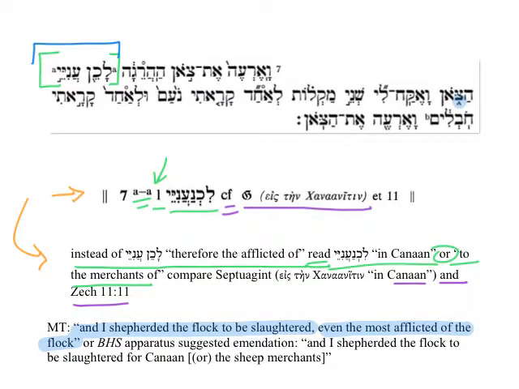I'm only reading up to the et nocta here. And the BHS apparatus suggests to change this to, and I shepherded the flock to be slaughtered for Canaan, or to the sheep merchants. Again, depending on whether this term is taken as the Canaanites, as it is in the Septuagint, or whether we take it as the term for merchants.